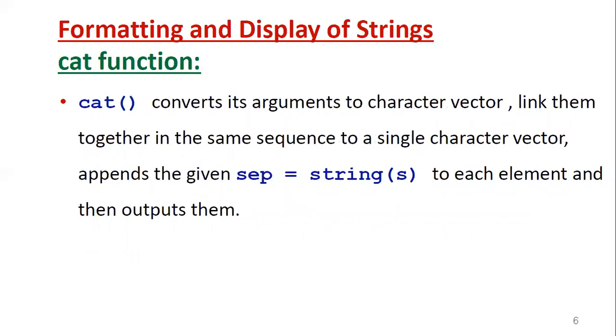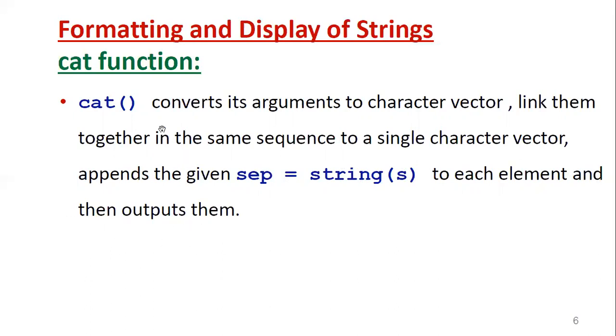Then coming to other parameters of the cat function. The cat function converts its arguments to a character vector and links them together in the same sequence into a single character vector, appends the given separator, sep equal to a string or strings, to each element, and then outputs them.